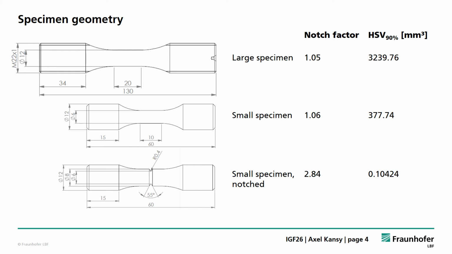And then we used a small specimen with a notch, which you can see here, with a notch factor of 2.84 and a highly stressed volume of 0.1. So we can see that by using a specimen with a sharp notch, the highly stressed volume can be drastically reduced.